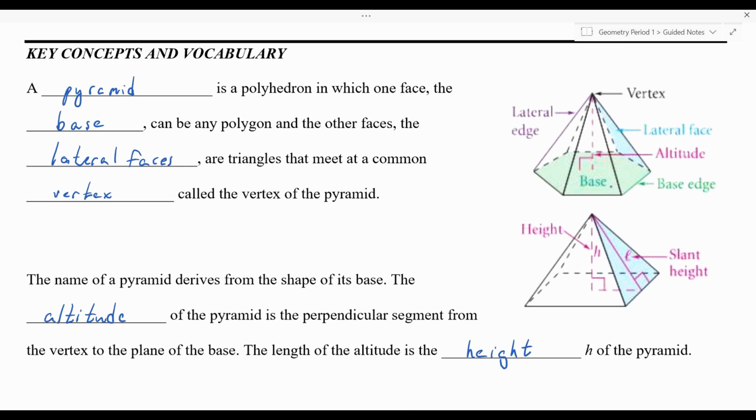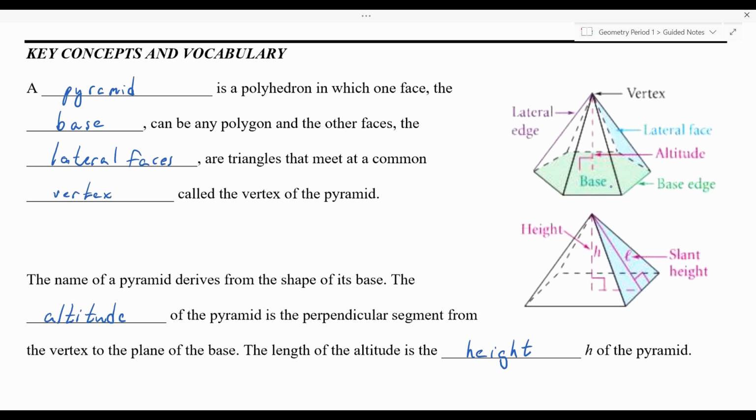The one over here on the bottom will be known as a square pyramid, which is the most traditional pyramid that we see. If you tell anybody about a pyramid, this is what they will probably draw, or what comes to mind.